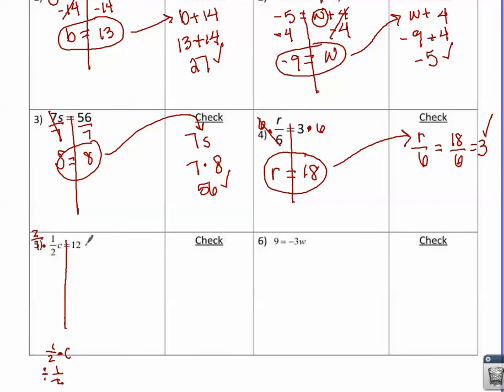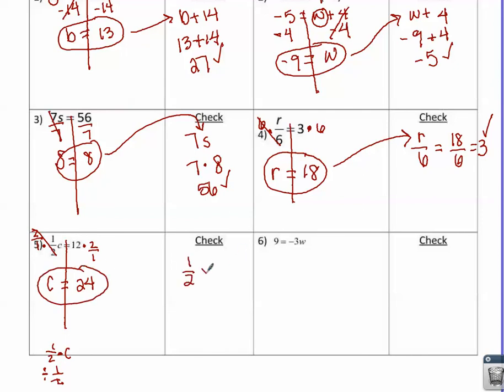So what you do on one side, you must do on the other. So your 1/2 and 2 cancel, leaving you with c equals 12 times 2, which is 24. Circle your answer. Now check your work.